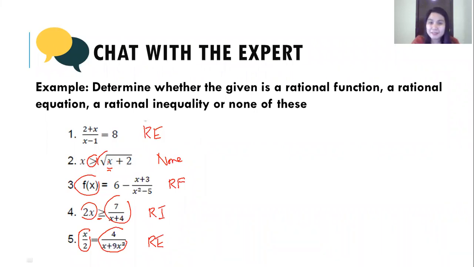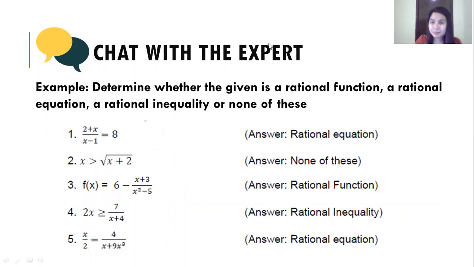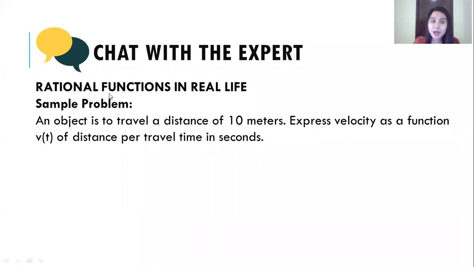And let's have the last problem. Ready? Here's our sample problem for the day. An object is to travel a distance of 10 meters. Express velocity as a function v of t of distance per travel time in seconds.